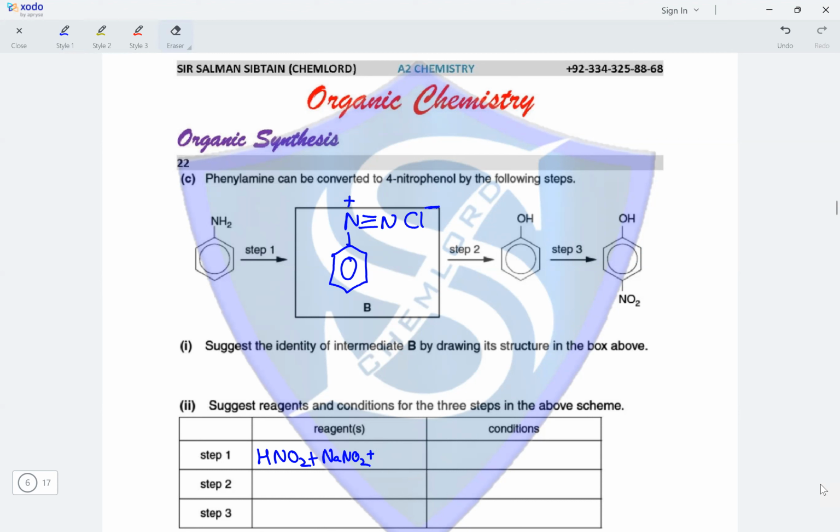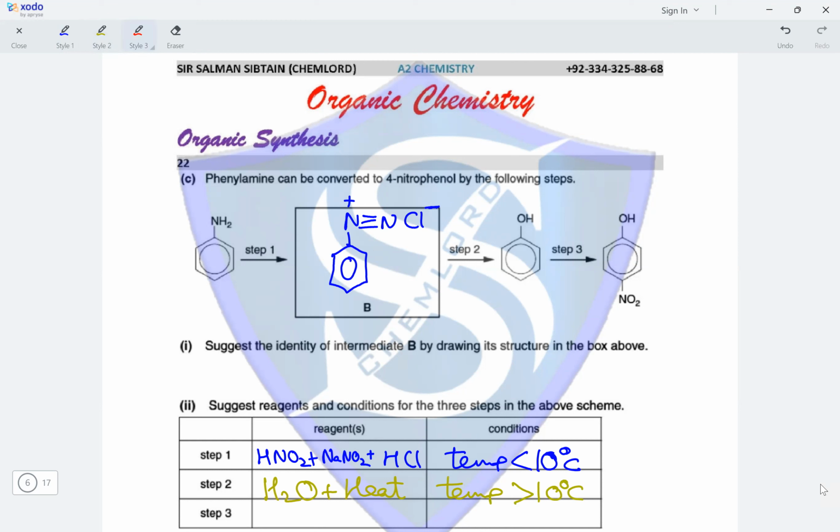So let's rearrange the reagents HCl here and temperature less than 10 degrees Celsius over here. Next we have step 2, in which the benzene diazonium chloride is converted into phenol. So we need water and we need to heat benzene diazonium chloride with water to produce phenol, and the temperature here should be greater than 10 degrees Celsius in order to form phenol.